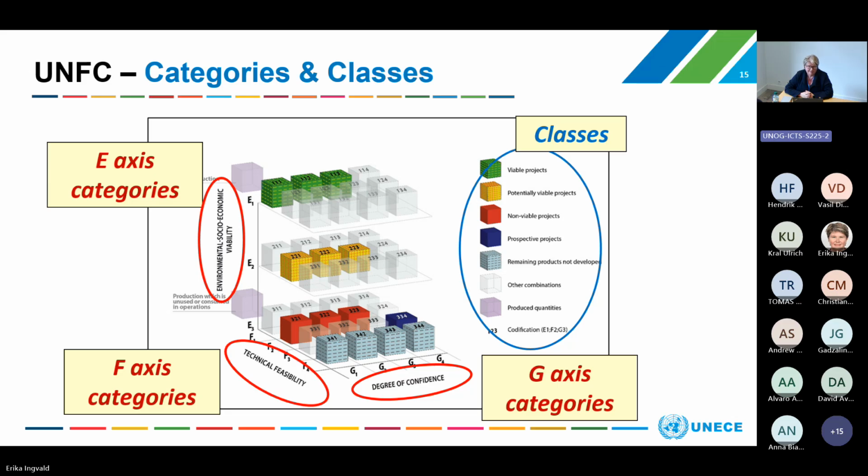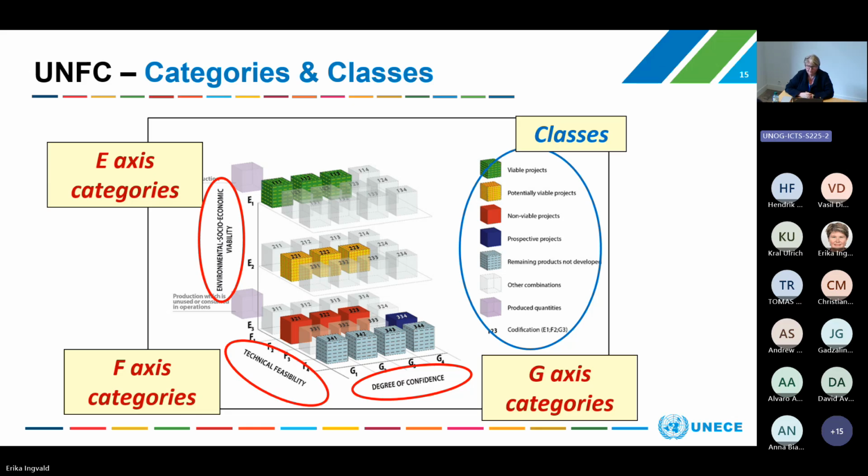So if you are up there and have a 111, you have all your permits in place, and you can start or have already started your production. And it's a journey, of course, up towards E1, which is the best on that axis. And similarly on the F-axis, you know where you are with your pre-feasibility study or feasibility study or your investment decisions. And all those steps move you from down at maybe F3 up to F1, which is the best case.